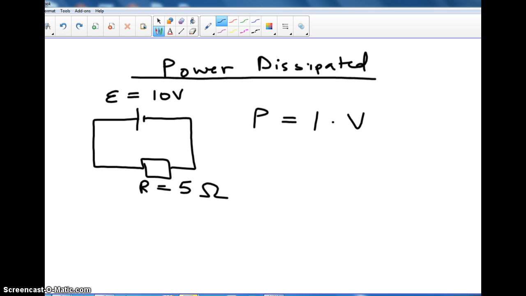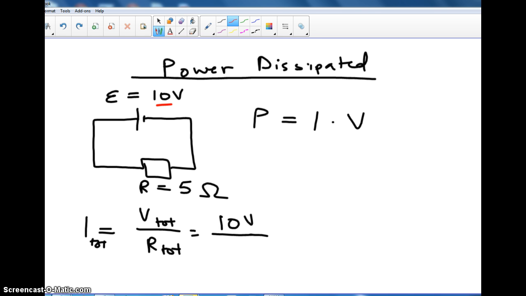So we're going to need to know I. The total current is equal to the total voltage dissipated over the total resistance. The voltage dissipated is equal to the voltage supplied. If 10 volts is supplied, then we're going to dissipate 10 volts. And the total resistance is just that single 5 ohm resistor. And 10 over 5 is 2 amps.